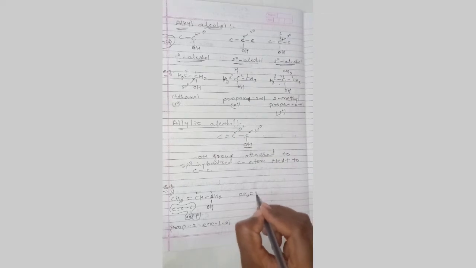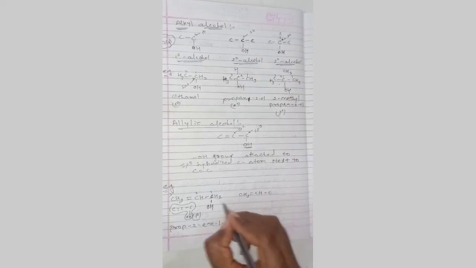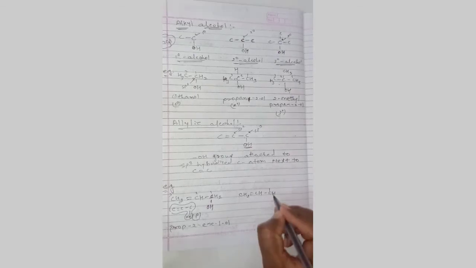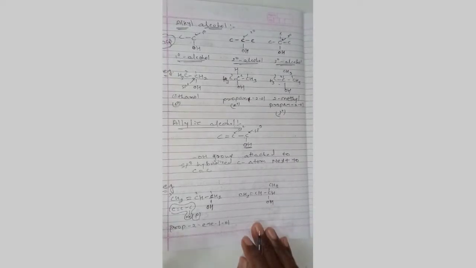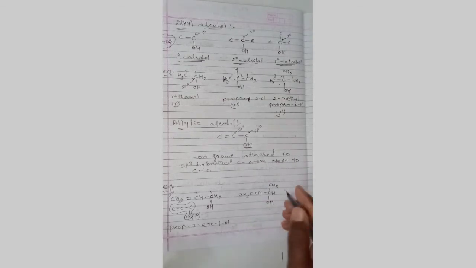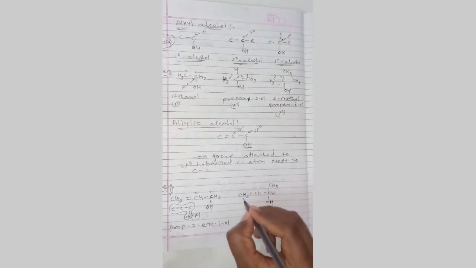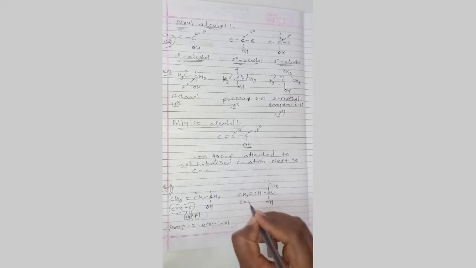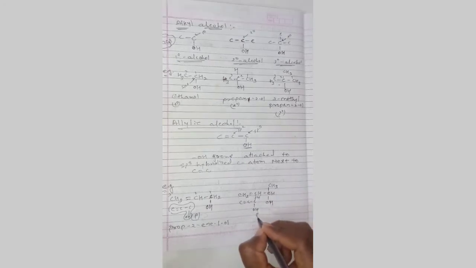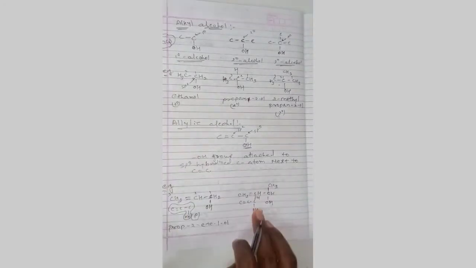Next, CH2=CH, here one hydrogen is replaced by a methyl group and here the OH group is attached. Carbon-carbon double bond and carbon, and this carbon is attached with another 2 carbons, here OH, so this is said to be secondary allylic alcohol.